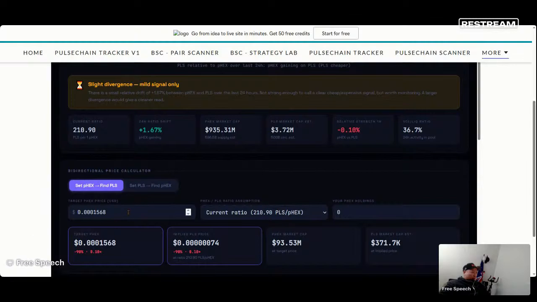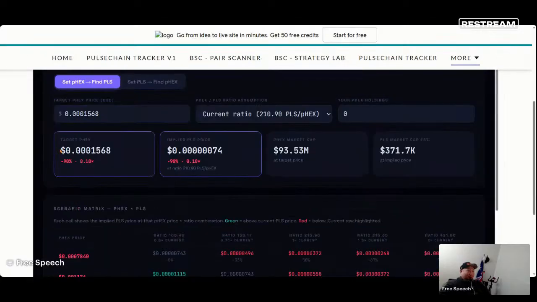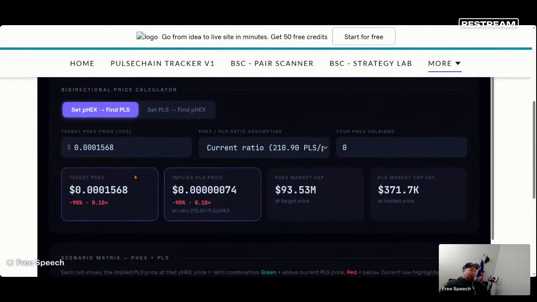Okay. Is that right? I can barely read this target price. 0.01. Why is it negative? So it's saying 0.000. I need to zoom in. I can't read this. There we go, that might make it a bit better.